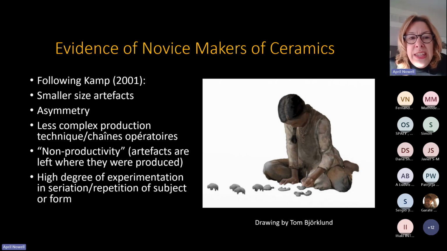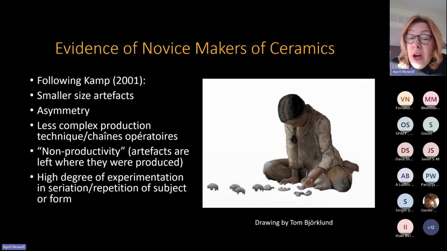And so Kathy Camp's variables include, generally novices make smaller sized artifacts. Their pieces tend to be asymmetrical. They tend to have less complex production sequences, or chaîne opératoire, as we would say. They also often exhibit what we call non-productivity.